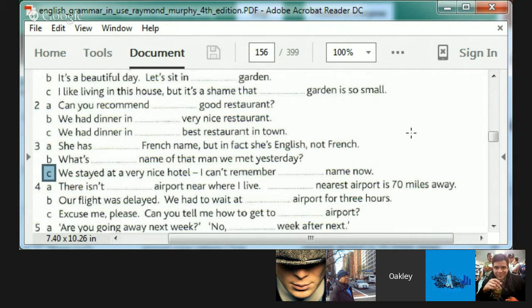And C, we stayed at a very nice hotel. I can't remember the name now. That's right. I can't remember the name now, even though you can't remember it. This is another tricky part. Even though we might not know the exact thing you're referring to, we know there is only one, the name. This also happens with things like the number of people at the party was huge.